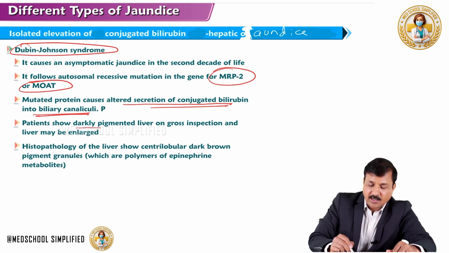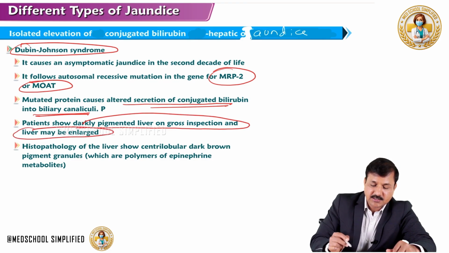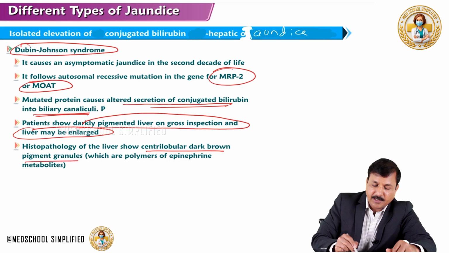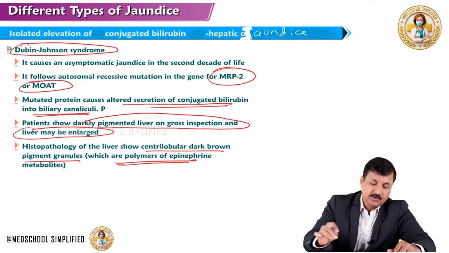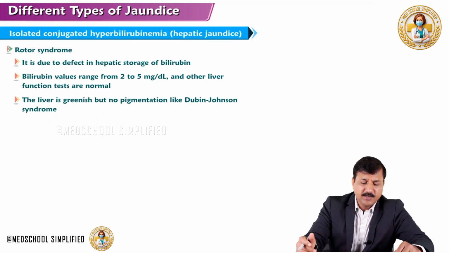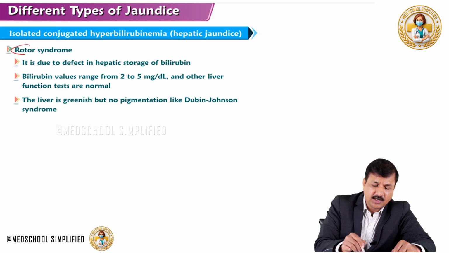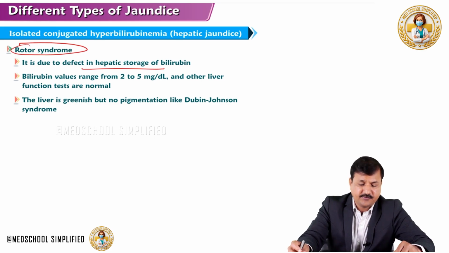and the patient shows a darkly pigmented liver on gross inspection, and the liver may be enlarged, and histopathology of the liver shows central lobular dark pigment granules, which are basically polymers of epinephrine metabolites. Okay, so coming to a similar condition called Rotor syndrome, that is due to a defect in hepatic storage of bilirubin.